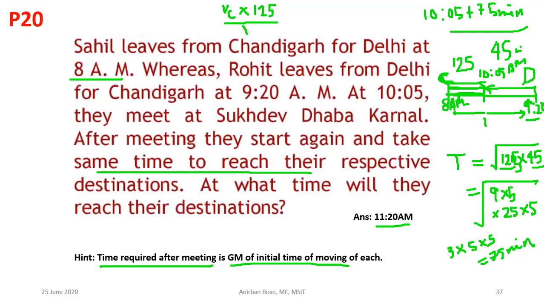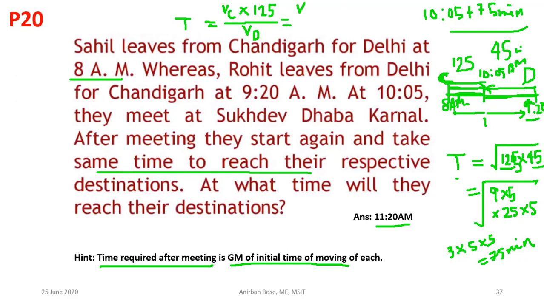That is with the velocity of Rohit, VD, and this is the time that we are interested to find out, that is the remaining time, this capital T. Again we can write this distance: Rohit traveled this distance in 45 minutes, right?